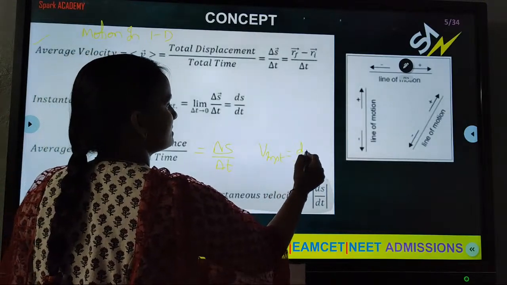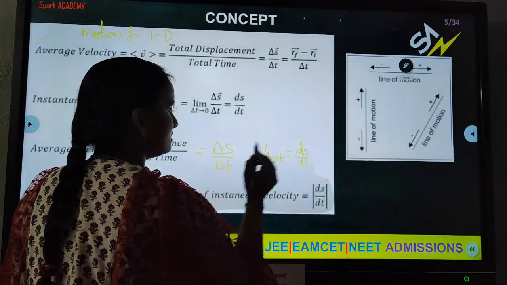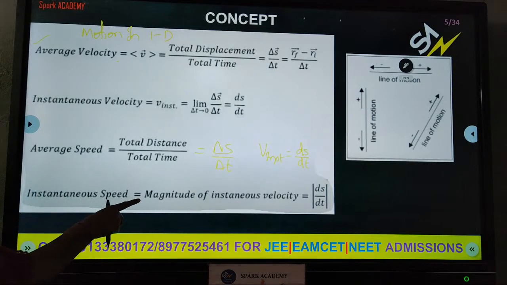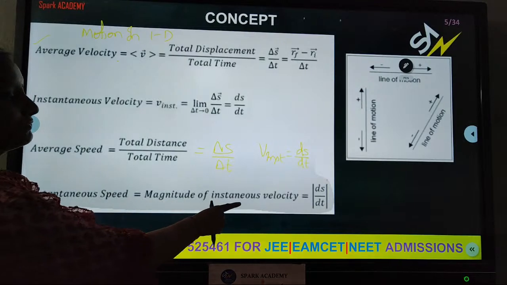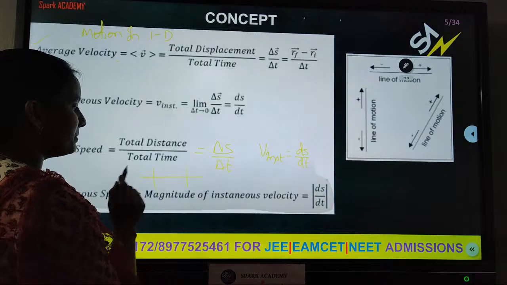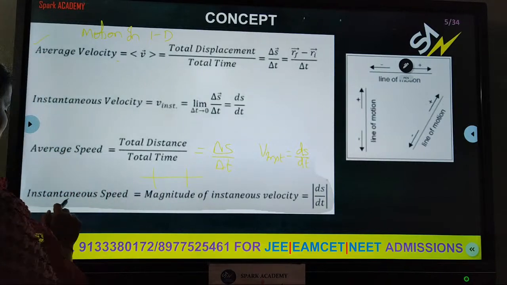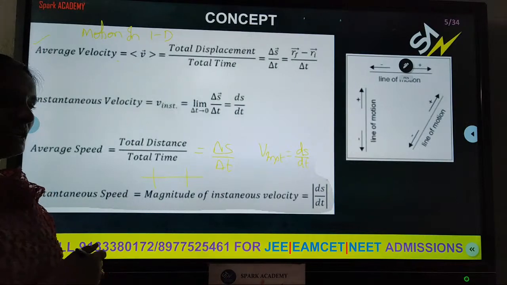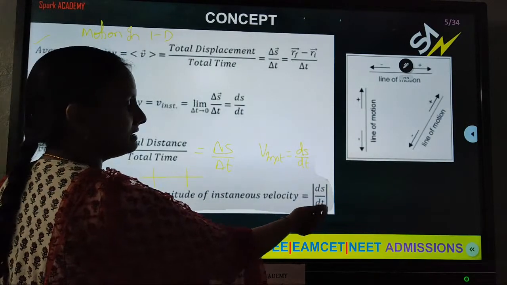We can write it as ds by dt. If the object is moving in one dimension, that is, in a straight path, instantaneous speed will be equal to the magnitude of the instantaneous velocity in straight line motion at a particular instant, that is, ds by dt.